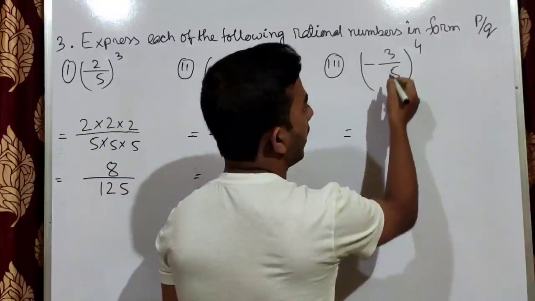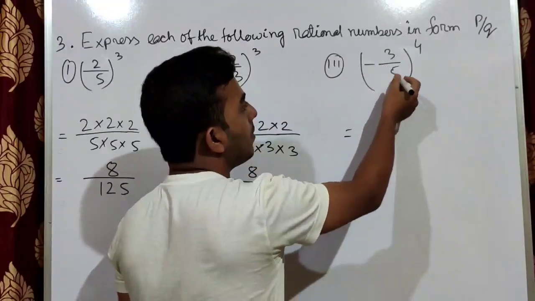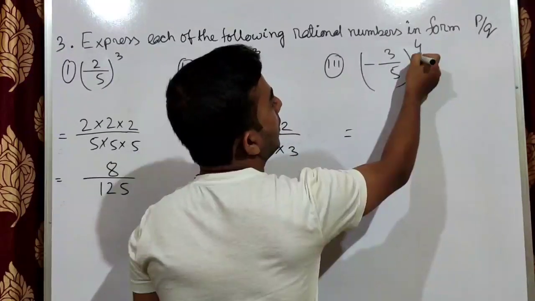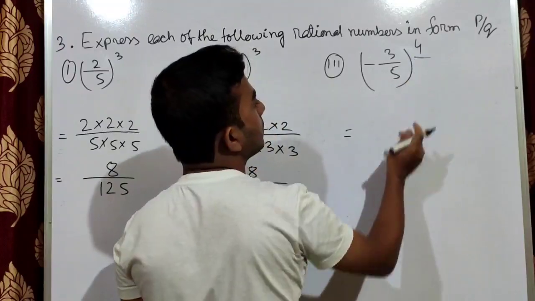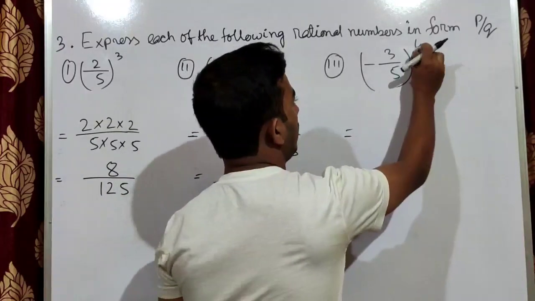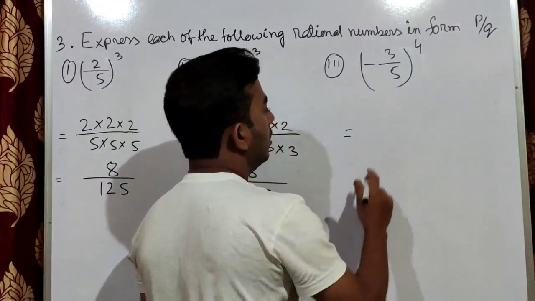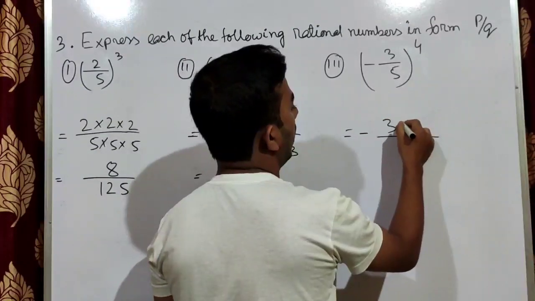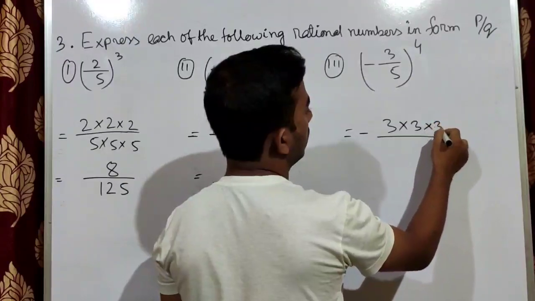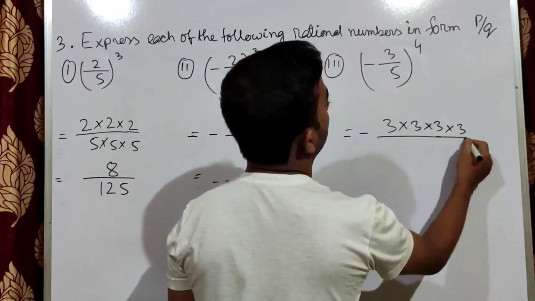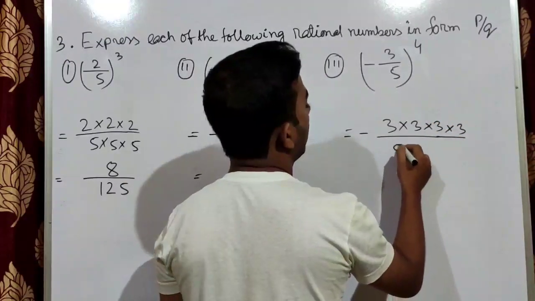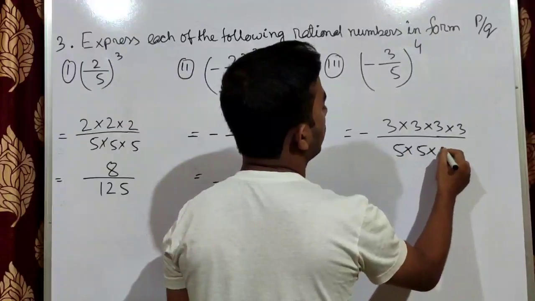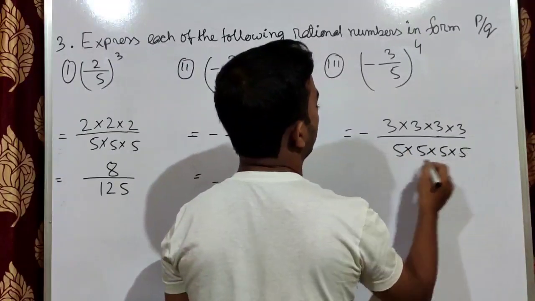Now let's move to our third one. Here again minus 3 by 5 is multiplied how many times? 4 times, right? So we'll take minus common, then 3, 1, 2, 3, 4, and 5 how many times? 4 times, 1, 2, 3, 4.